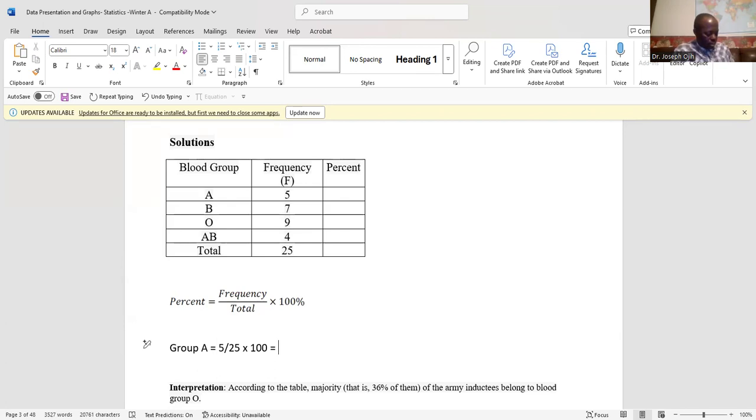Okay, so this book. All right. So we have this right here. 5 divided by 25 times 100.